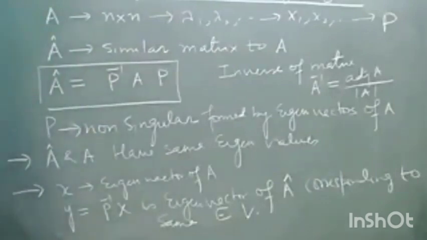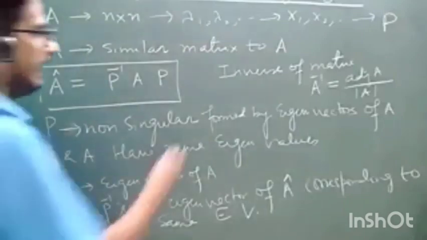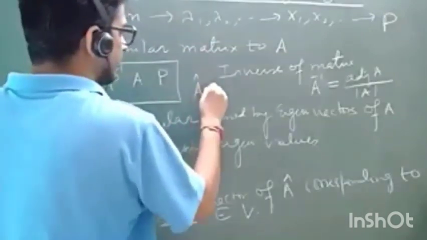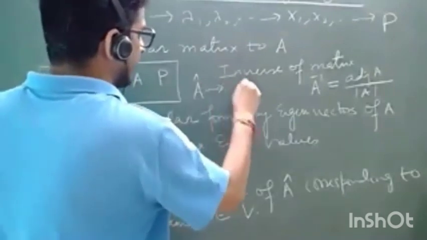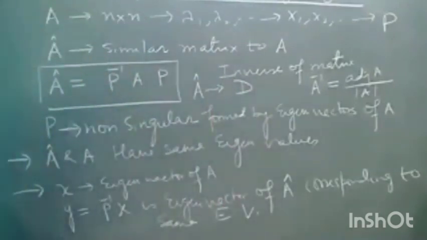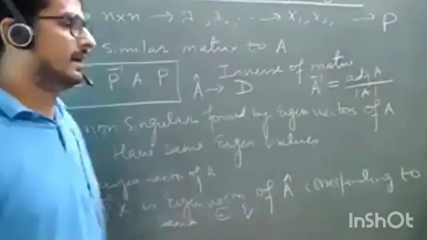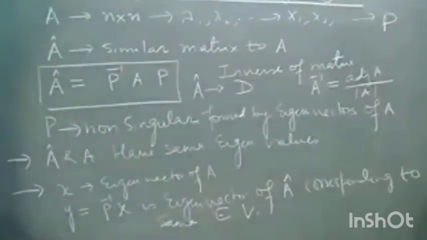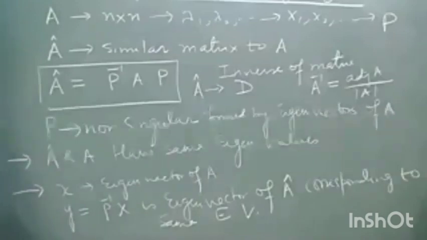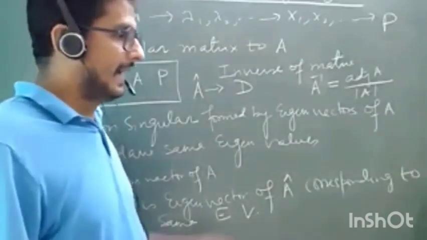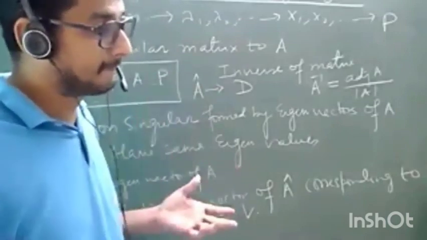By a suitable similarity transformation, A cap can be a diagonal matrix. A cap can be a diagonal matrix having, what is there in a diagonal matrix?